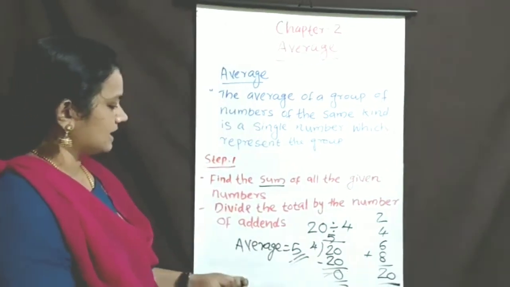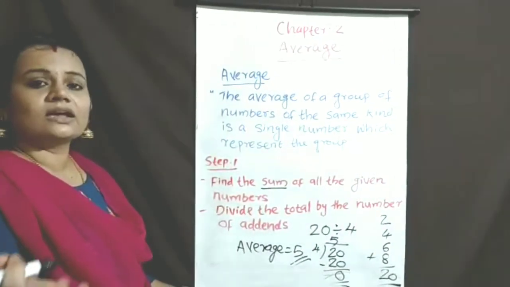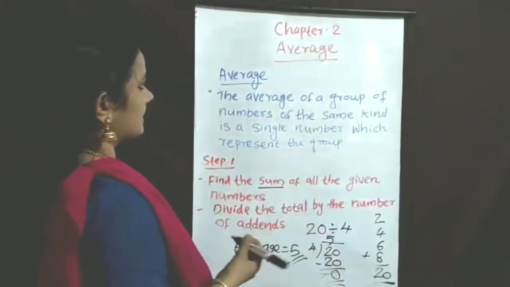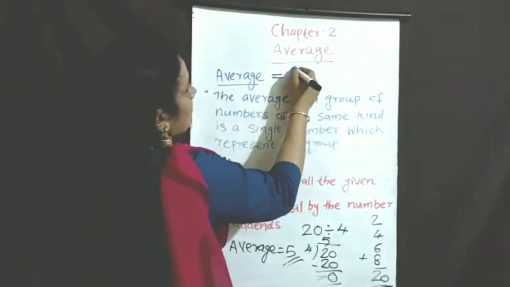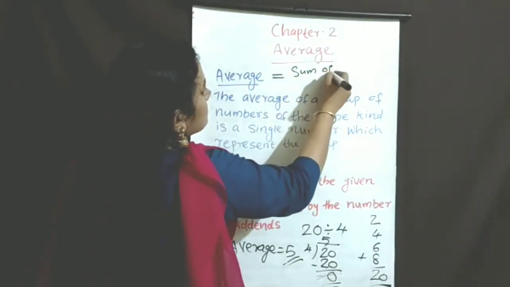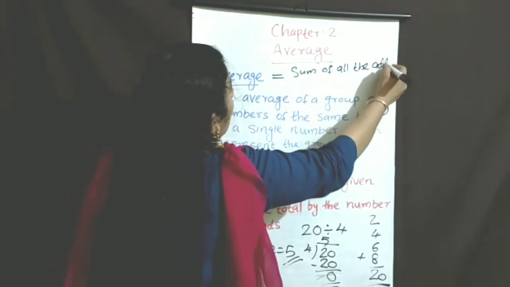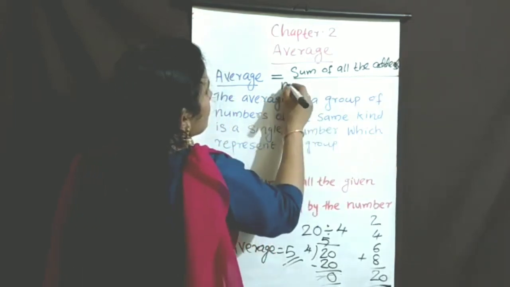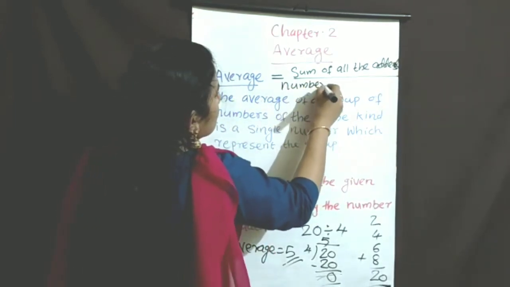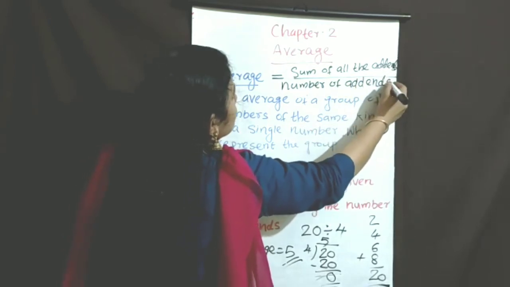So we conclude by making the equation: average equals the sum of all the addends divided by the number of addends.